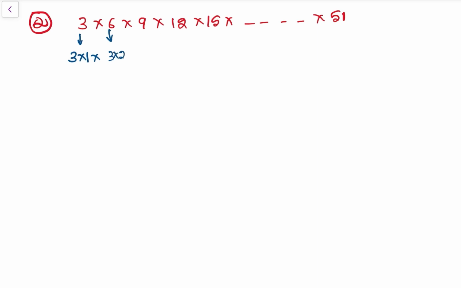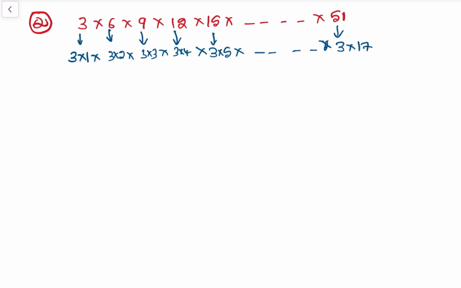The more questions you do, the more clarity you will get. So let's see the product of 3 into 6 into 9 into 12 into 15 into so on into 51, ठीक है. अब see now this product is what, 3 into 1, then it is 3 into 2, then it is 3 into 3, into 3 into 4, then into 3 into 5 into so on, so it is what, 3 into 17.